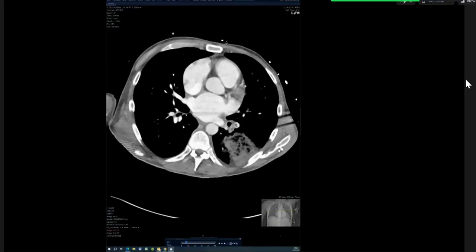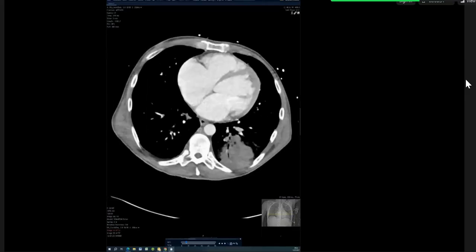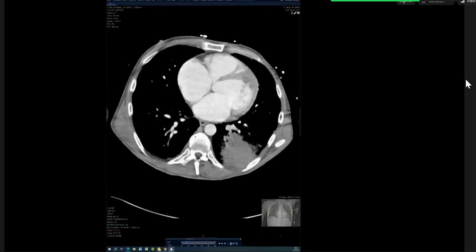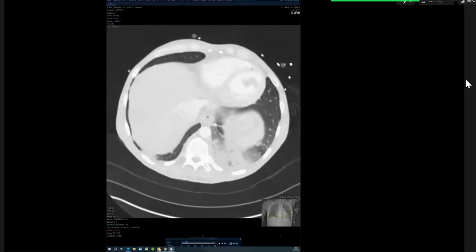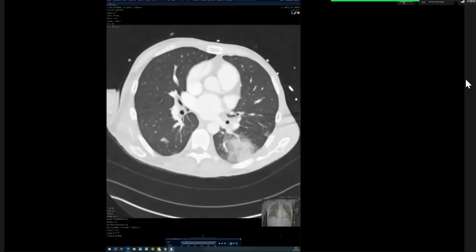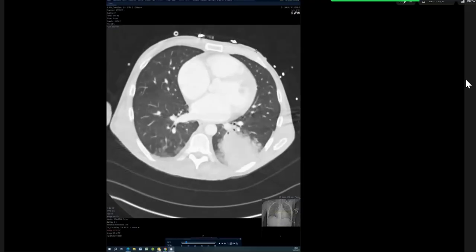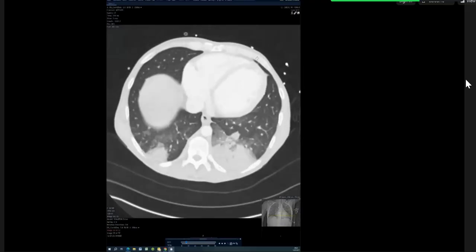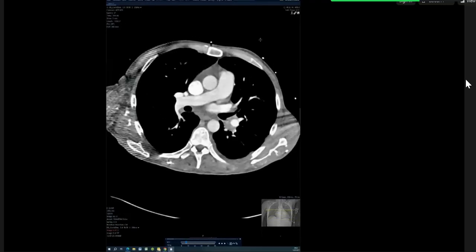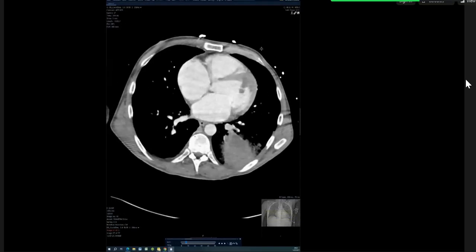Okay. So the left pulmonary artery demonstrates a central filling defect in keeping with an acute pulmonary thromboembolism. There are wedge-shaped bilateral posterior basal consolidative and ground glass changes with areas of interlobular septal thickening. These are in keeping with pulmonary infarcts in the presence of pulmonary embolism.